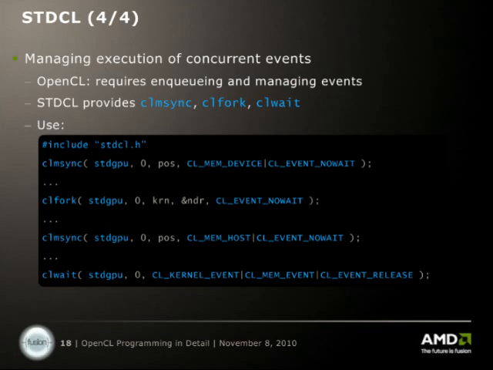And clwait is a synchronization call that you would use to wait for the events that have been pushed onto the queue to complete. So clmsync and clfork both have blocking and non-blocking variations that you can use. And this is very important once you begin to use multiple devices to achieve concurrent operation on multiple devices. You'd want to use the non-blocking calls.